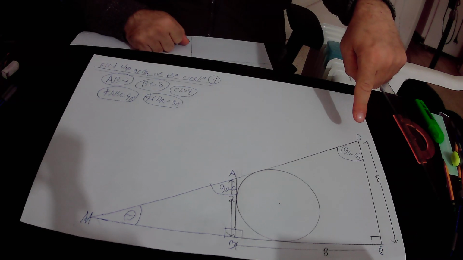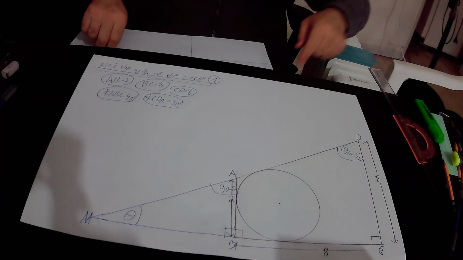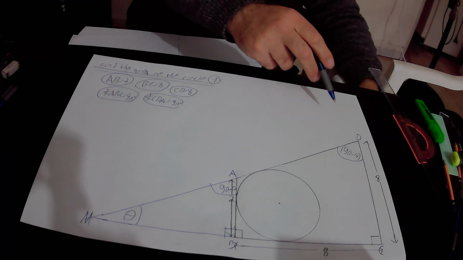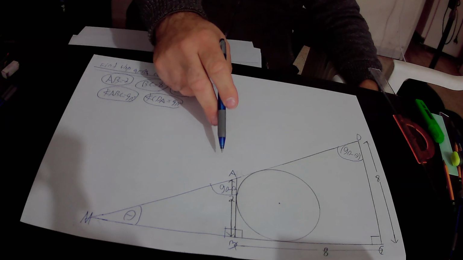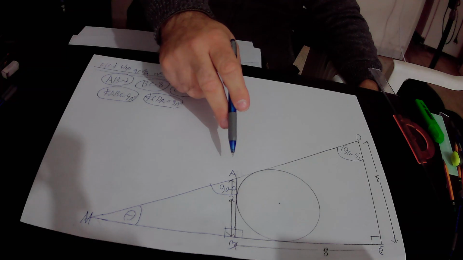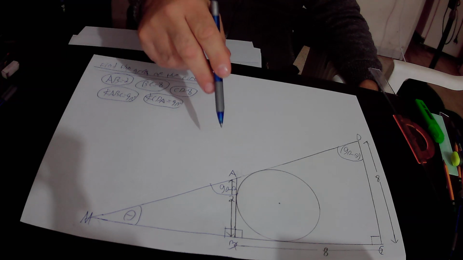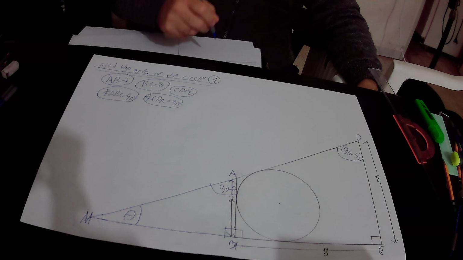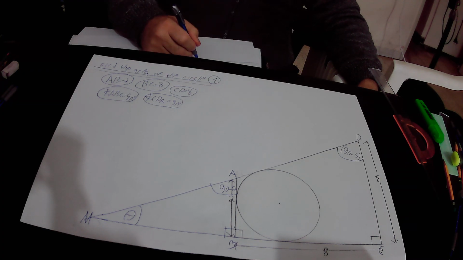So actually this is angle MDC in the right big triangle DCM, and it is equal to this angle, which is actually angle MAB in the small right triangle MBA.